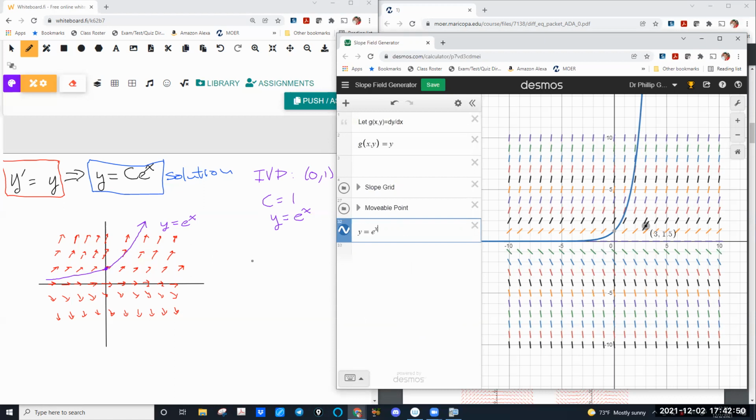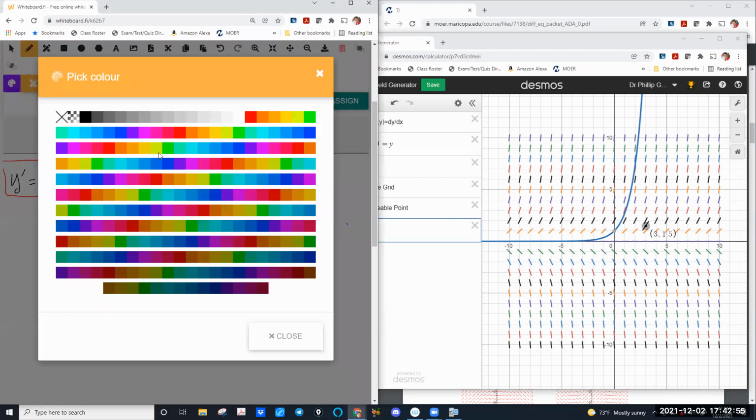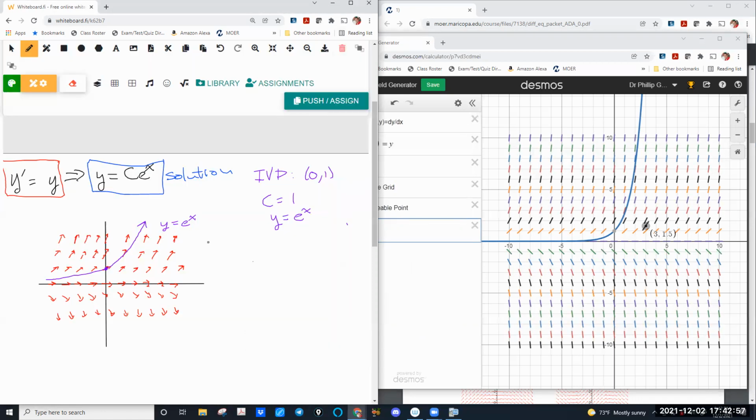If we did another one, let's say we had an initial value problem where it has to go through, actually it doesn't even have to be at 0. x could be anything. How about (0, -3)? Well, in this case, that would make a C of -3, so y equals -3e to the x.